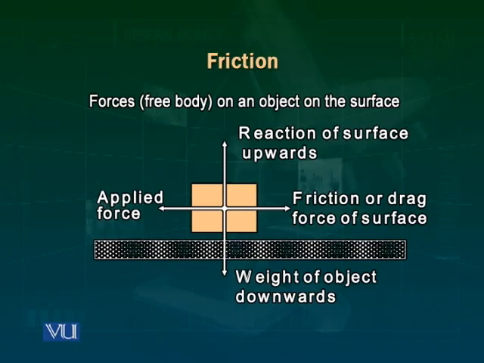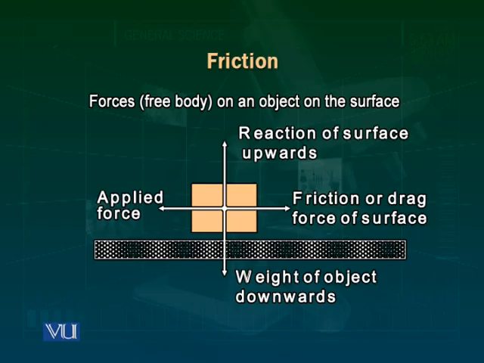If we look at the free body diagram where the magnitudes of the forces represent friction, then the arrows of the forces will tell us which force is larger and which force is smaller. Of course, when this object is on the table, the force downwards and the force upwards are equal because the object is not moving in that direction.